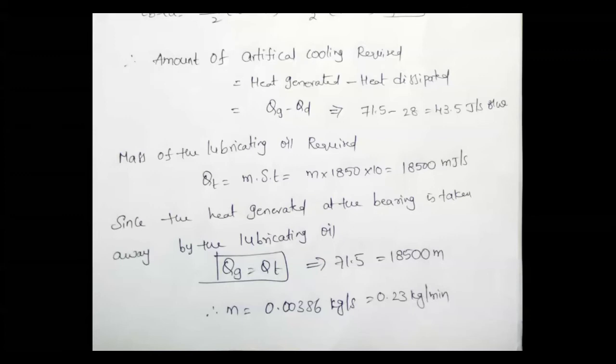That's the first case. The second case is if any data is unavailable for solving the problem, then also you can go to the data book. Suppose in this problem only the bearing pressure value is given, and the L value and D value are unknown. Then what are you supposed to do?